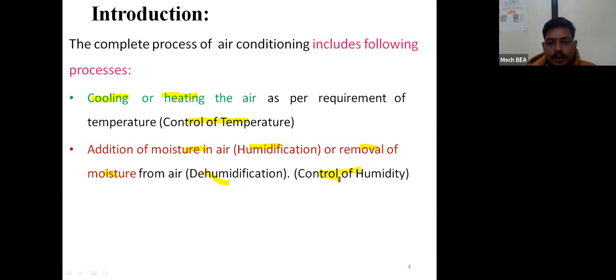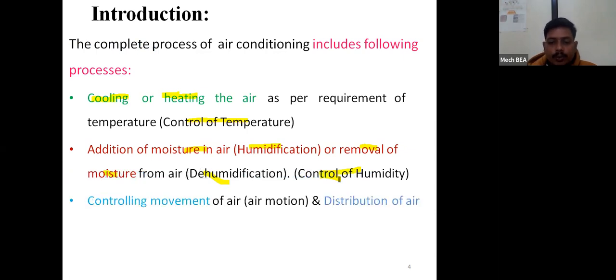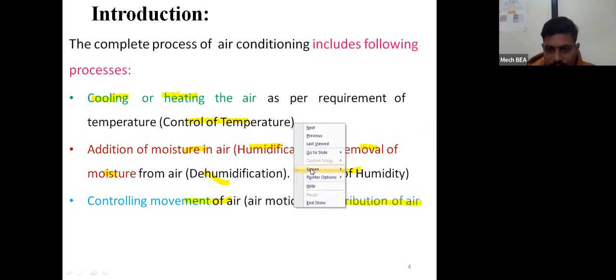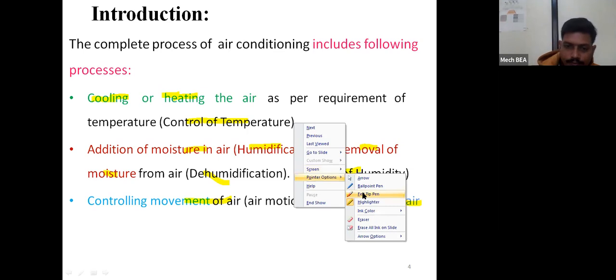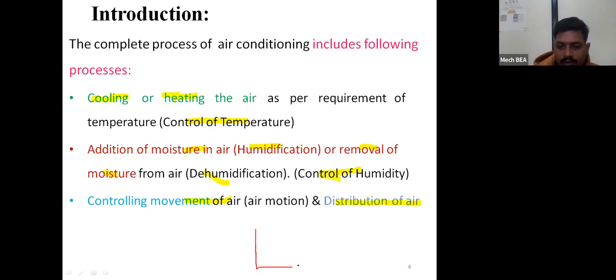After control of temperature and humidity, simultaneously we have to control the air motion also. Air motion means we have to control the movement of air, and at the same time the distribution of air. Suppose this is our room, and we have placed our air conditioning system at this location.